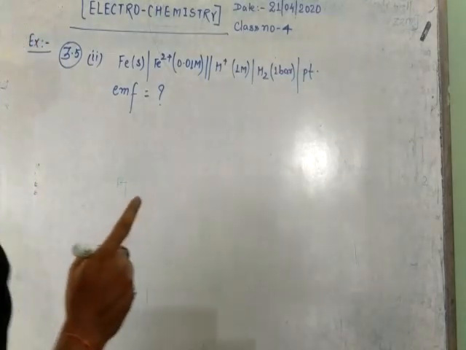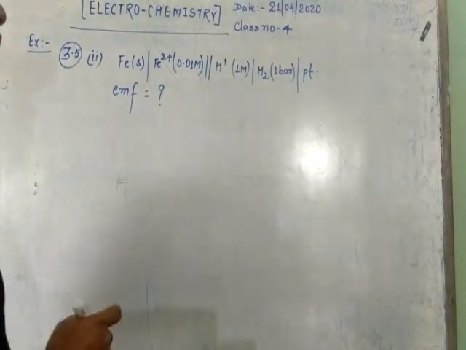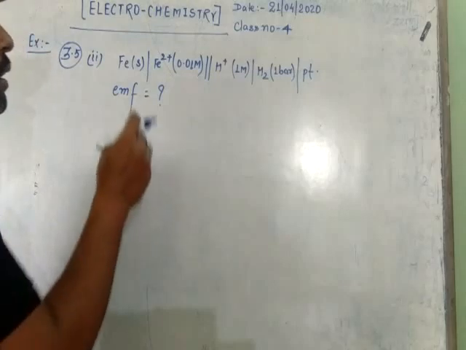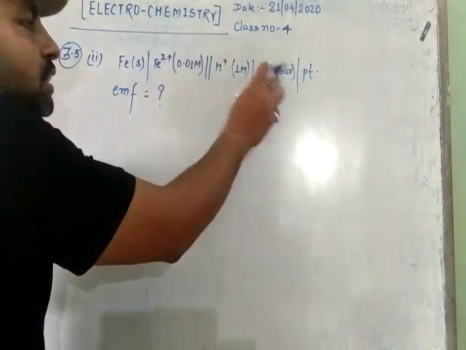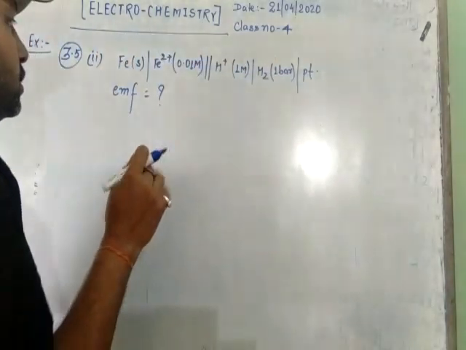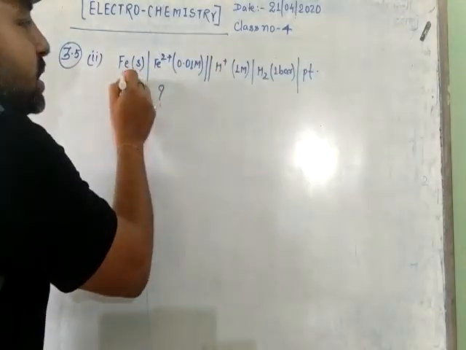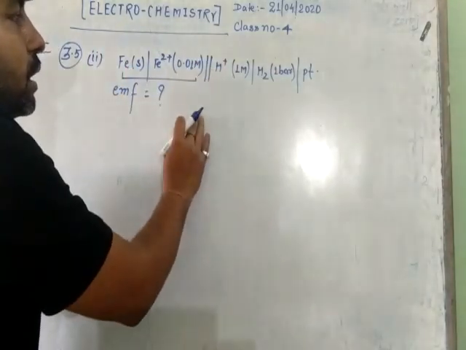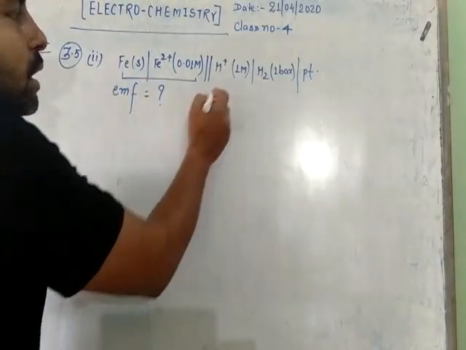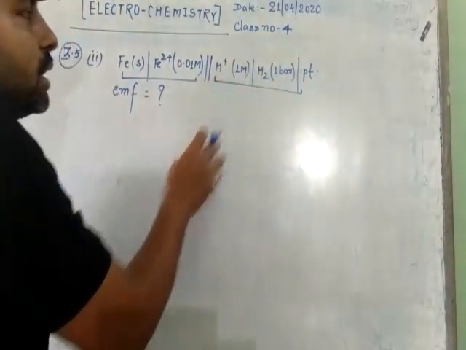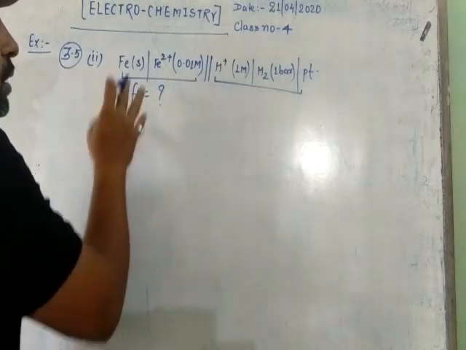So students, we said that initially we find the redox reaction of the following notation. At the left side of the double vertical line oxidation takes place, and at the right side reduction takes place.